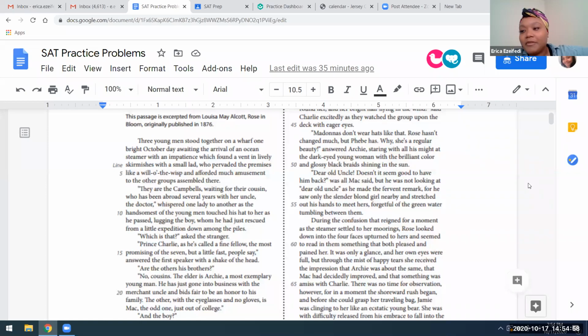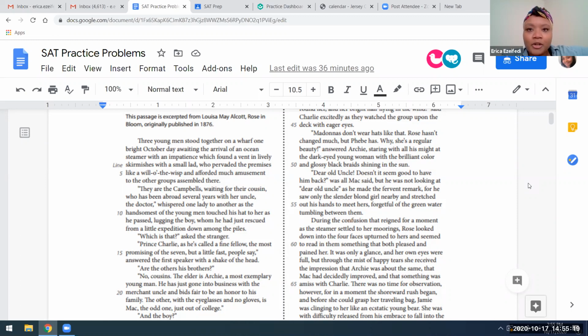So if you wanted evidence as to why B is incorrect, there's a hint that that's an incorrect answer. Answer choice C, senses that her relationship with her cousins has changed. This is the correct answer.